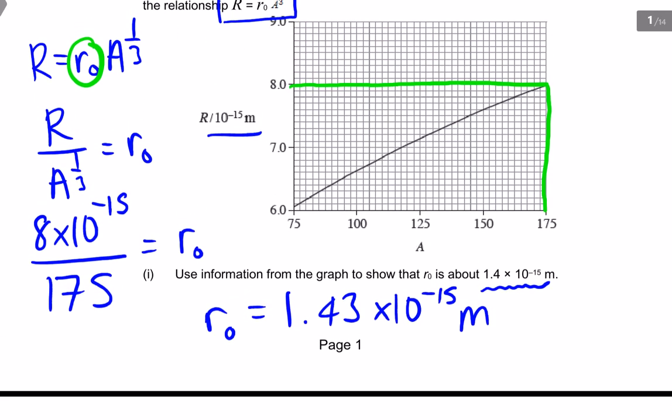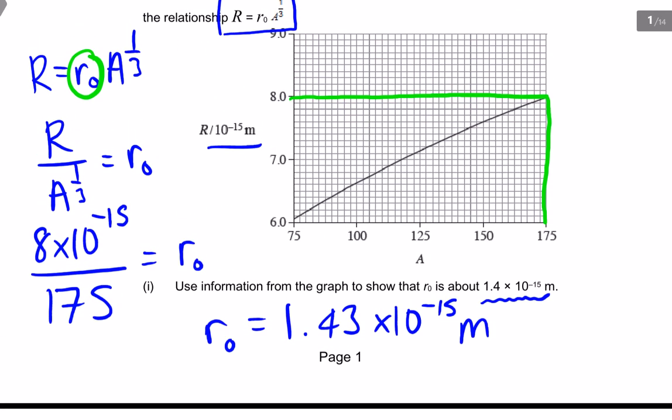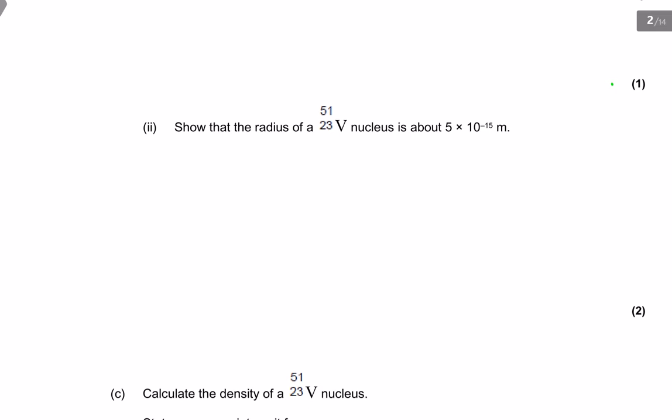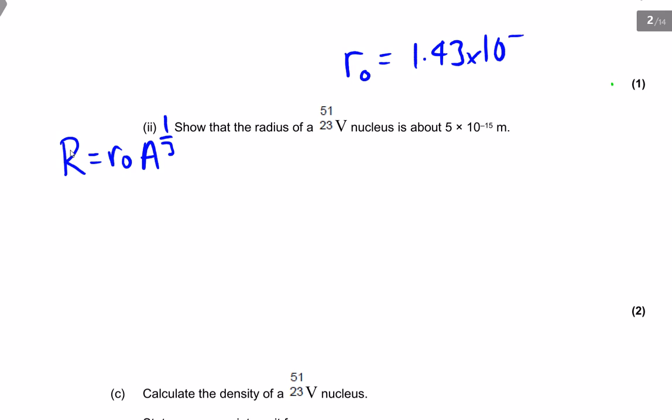We're going to be using our relationship with the value that we've just worked out to work out the radius. So our relationship, I'll write this down again, R equals R naught A to the 1/3. And the value we just worked out was R naught equals 1.43 times 10 to the minus 15 meters.